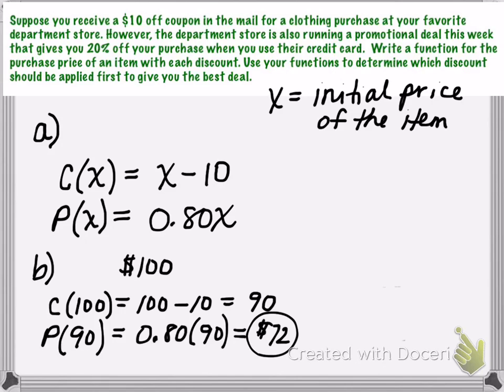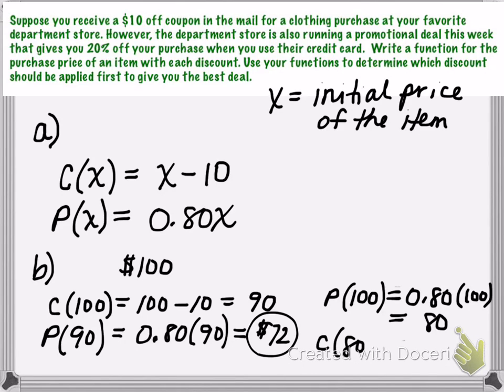But if you did the percentage first, you start with your $100 item and get 20% off, so now it costs $80. Then if I use the coupon on my new $80 item, I'm getting $10 off, so now my final purchase price is $70.